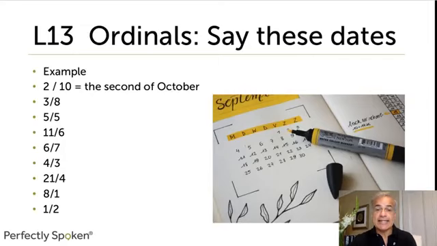Nice, the ordinals and the dates. Do you remember first, second, third, fourth, fifth, lesson 13, if necessary, sixth, seventh, eighth, ninth, 10th, 11th. So we've got example: the 2nd of October.